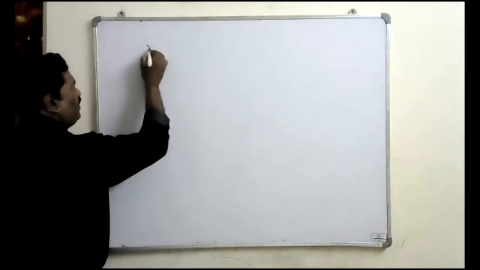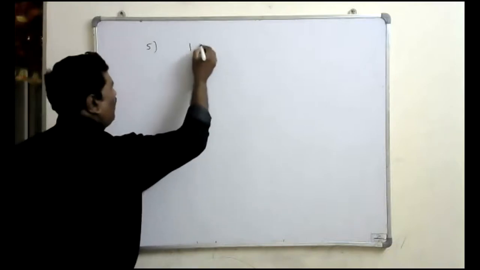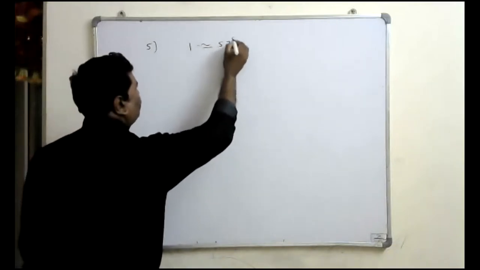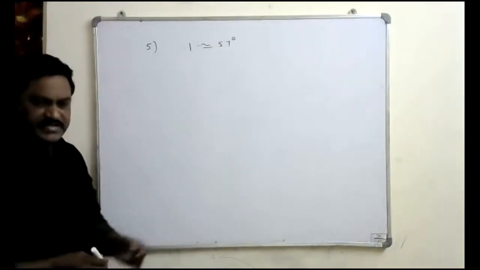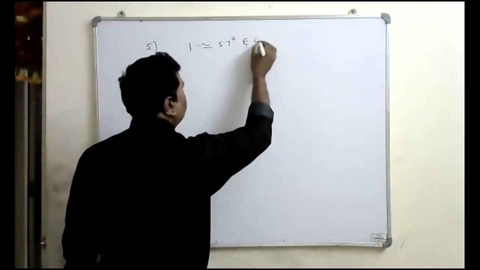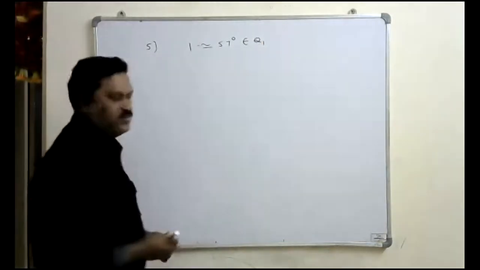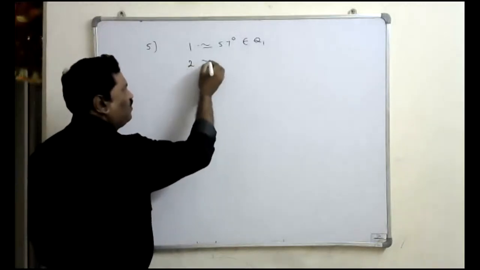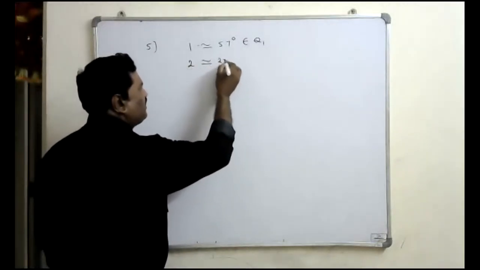Here it is given, we know that 1 radian is approximately equal to 57 degree. So 57 degree means it lies in the first quadrant. And if you consider 2 radians, 2 radians means 2 into 57 degree.